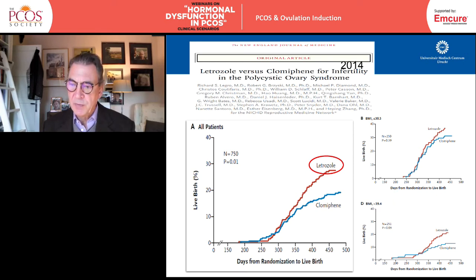The difference between letrozole and clomiphene in terms of live birth rate is very prominent in the very obese women, but is much less prominent in the women with a BMI less than 30. So in other words, we are not sure whether letrozole is the preferred choice for all women diagnosed with PCOS undergoing ovulation induction. It may be particularly relevant in the context of very severe obesity.